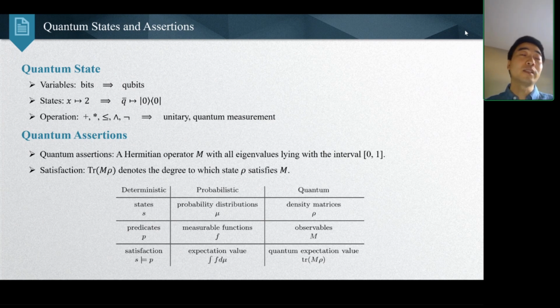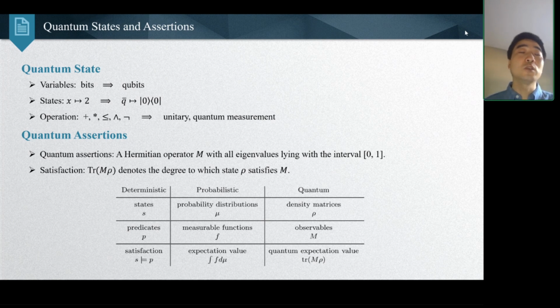The operations on quantum states are no longer plus, minus, multiplication, and arithmetic operations, but instead become unitaries and quantum measurements. In Mingsheng's quantum Hoare logic, the quantum assertion is given as an observable, an operator where all eigenvalues lie in the interval 0 to 1.